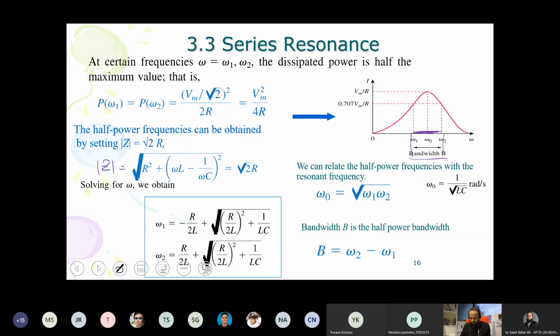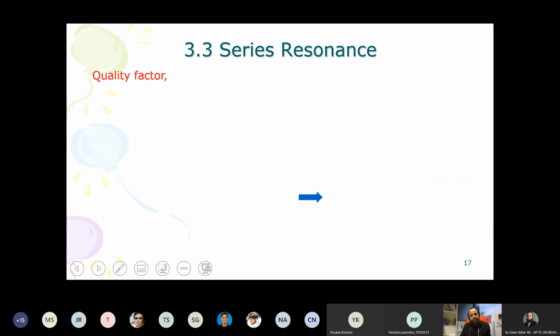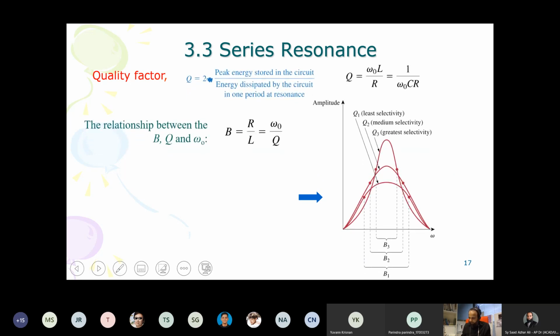So once again, some formulas to remember. Okay, quality factor. Quality factor is something like this. This is the same plot, but for different R and L values. So this can be modified based on the values of R, L, and C. You can see that the bandwidth of B3 is the smallest, then B2 and then B1.